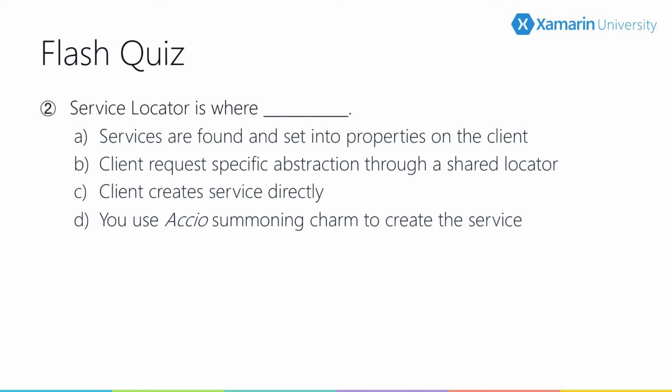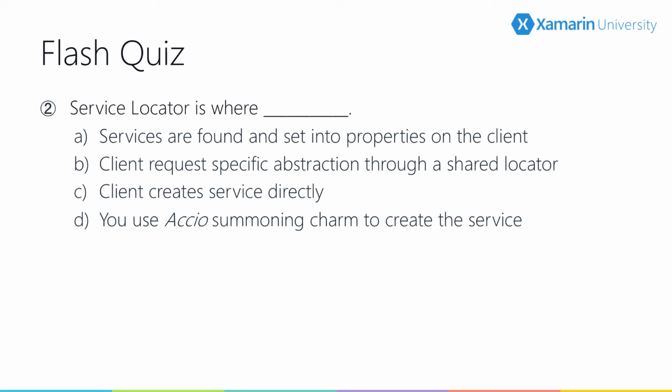Here's number 2. We discussed the service locator. That was our second pattern. What was that again? Is it A, where services are found and set into properties on the client? Or is it B, where the client requests a specific abstraction through a shared locator? Is it maybe C, where the client creates the service directly?